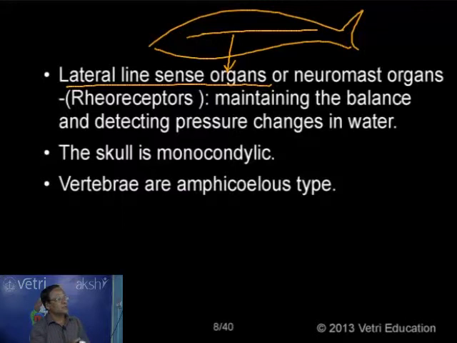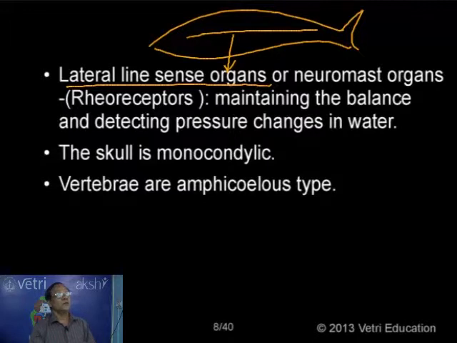As it is found laterally in the form of a long line, it is called the lateral line sense organ or neuromast organ. They are considered rheoreceptors. Rheo means water current, so they are able to detect any change in the water, particularly the water current.